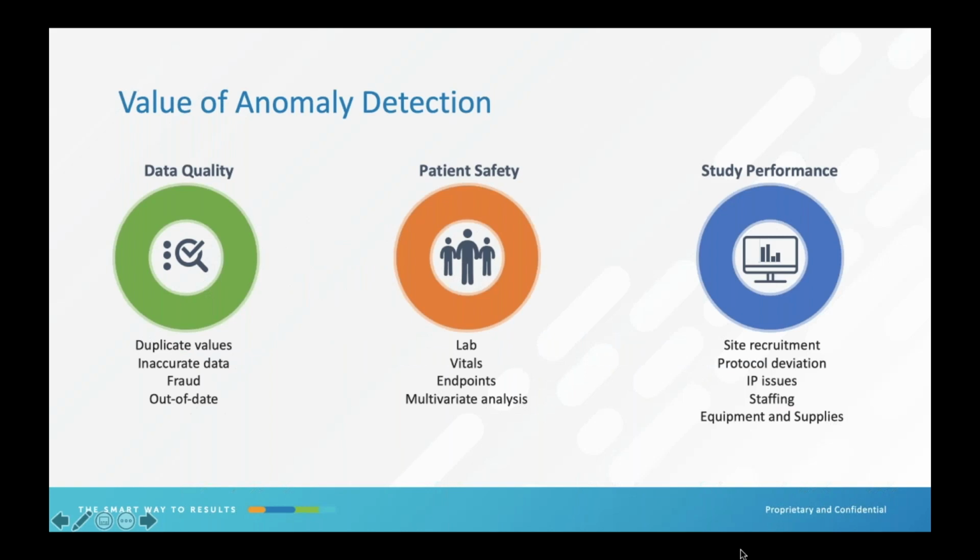So when we think about anomaly detection, you can see here three key themes: data quality, patient safety, and study performance. Picking up each of the items individually: you all are aware quality and accuracy of data captured is pretty important in a clinical trial, as data is key to answer the scientific questions which the study protocol sets out for.